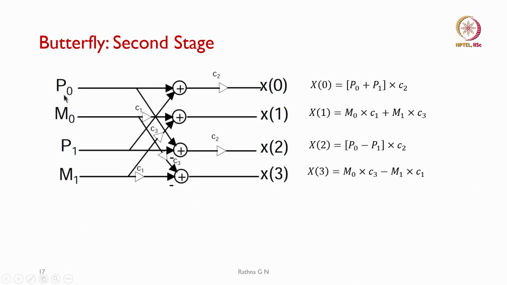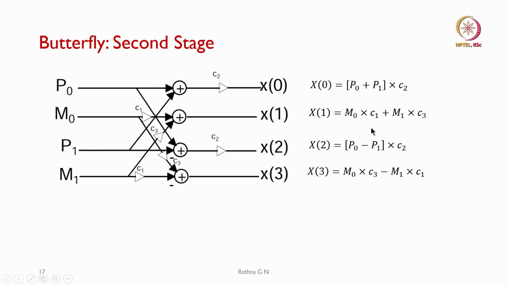So, we have P0 and M0 and P1 and then M1. So, the next stage is we have x0 as P0 plus P1 into C2. So, we will be multiplying with the C2 coefficient in the last stage. After adding P0 and P1, we will be getting x0.